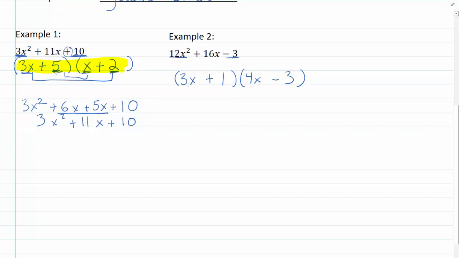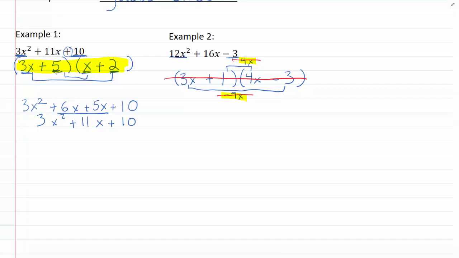So I'm going to go ahead and multiply the outside terms, which will give us negative 9x, and our inside terms will give us 4x. Ooh. Yeah, if I added those two together, negative 9x plus 4x, that would definitely not give me 16. So that's a problem. Okay, so we're going to have to cross this out and try again.